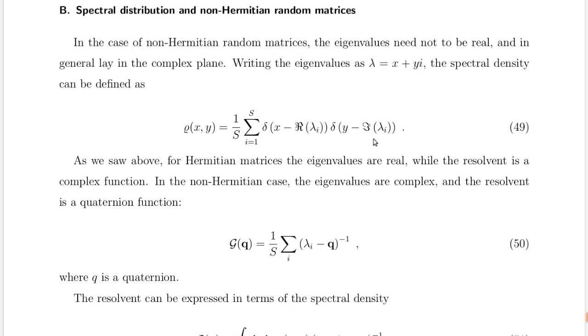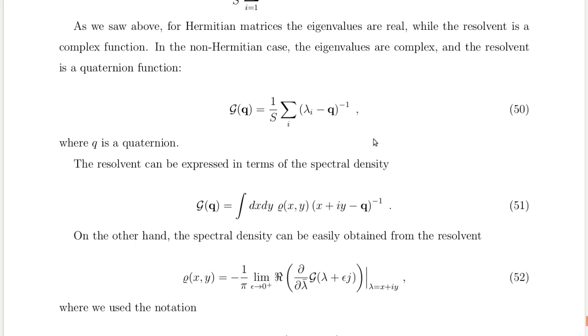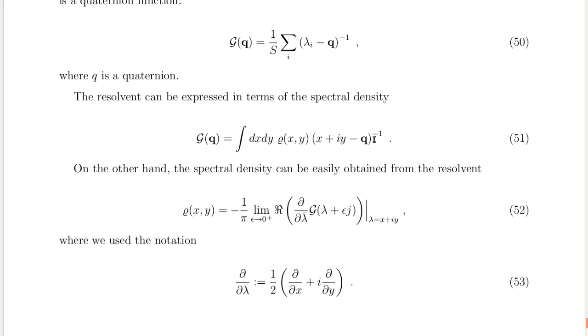So this is just a definition, and it's easy to see that the resolvent can be expressed in terms of the spectral density, and in an analogous way, that the spectral density can be obtained as a limit of a derivative of the resolvent, where we have to take the derivatives over the conjugate of the complex number. This can be expressed as the combination of the derivatives of its real and imaginary parts.